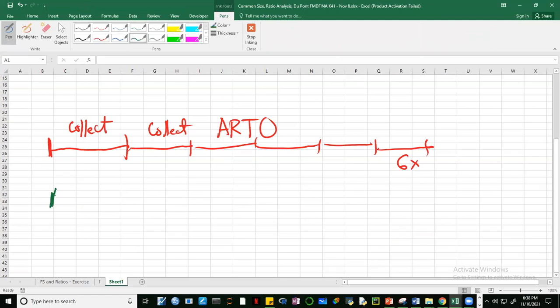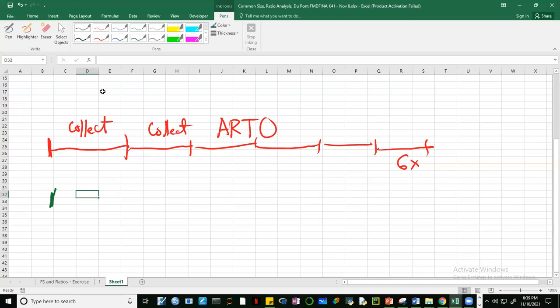Bili ng raw material. Yes? Who wants to answer? Meron ba? Okay, sige. So, ano yung APTO, guys? Bili ng raw materials. Bili tayo ng raw materials.